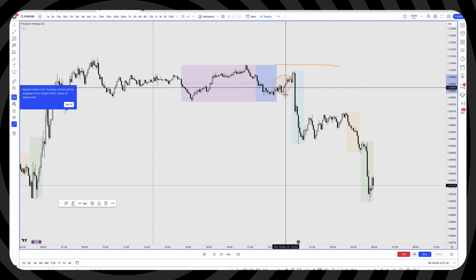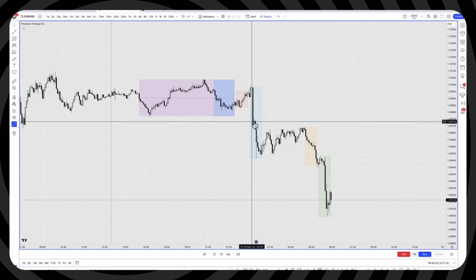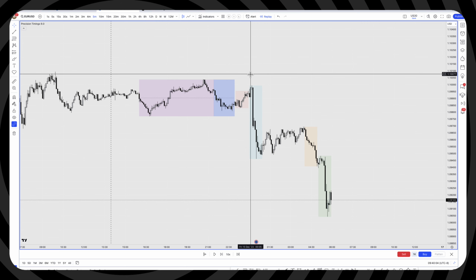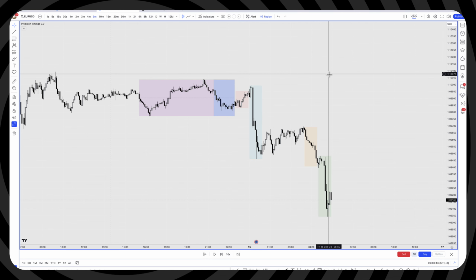Purple box, Frankfurt opening. Second manipulation of the day. Blue box, London open. Usually the first half hour of London itself is manipulation. The trades themselves generally come half hour into London or past.